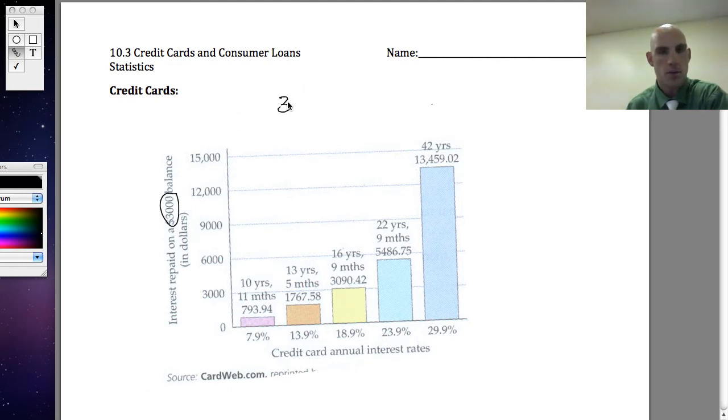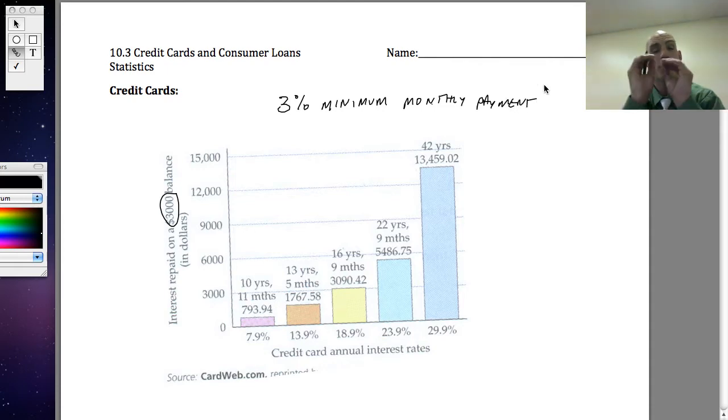So this is going to be a 3% minimum monthly payment. So we're going to pay 3%, which is a fairly decent minimum amount. Along the bottom here, this is what the annual interest rates are.